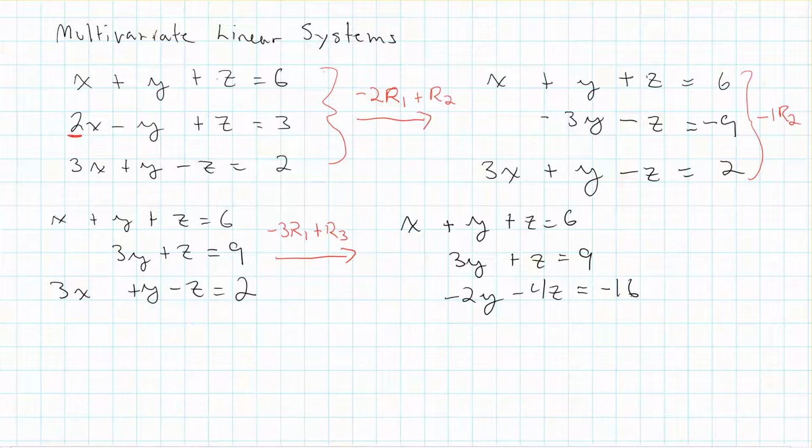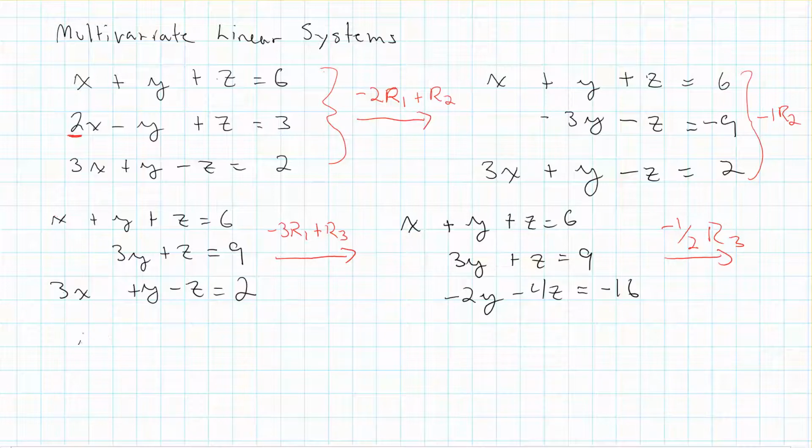Alright, now before I move on, again notice there's a negative here, but also notice that everything in this last equation is a multiple of 2. So I'm actually going to go ahead and do negative 1/2 row 3. Okay, so then what do I have here?